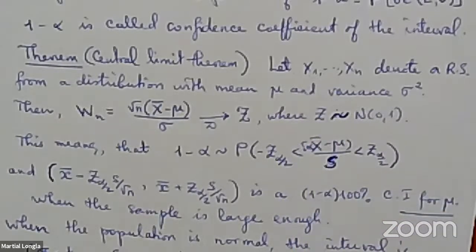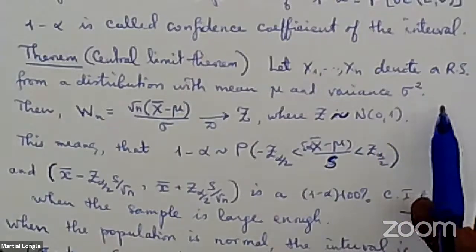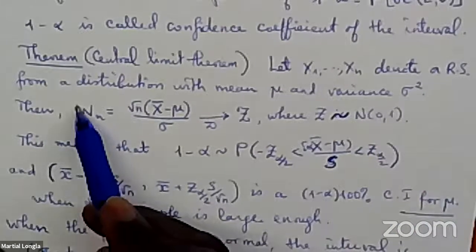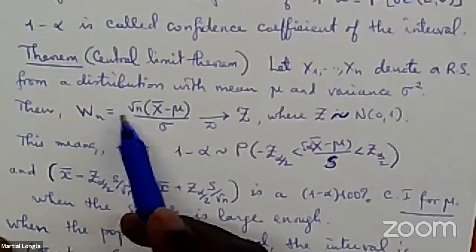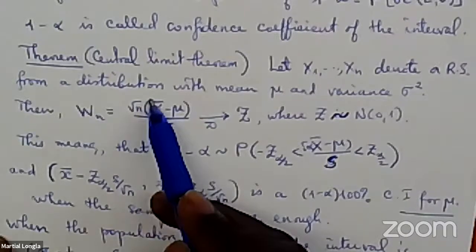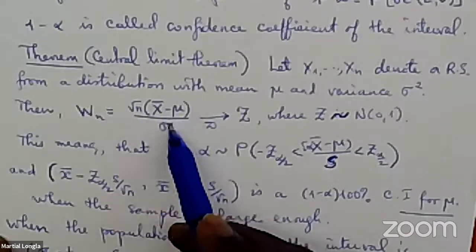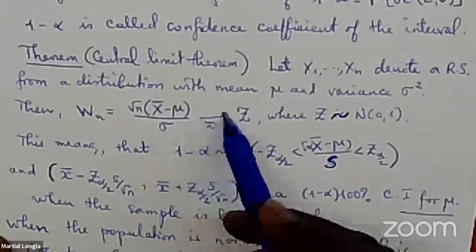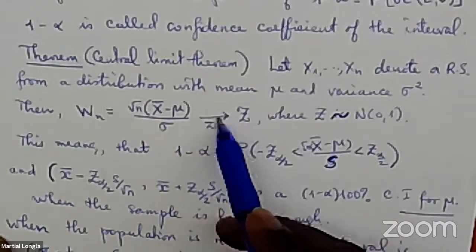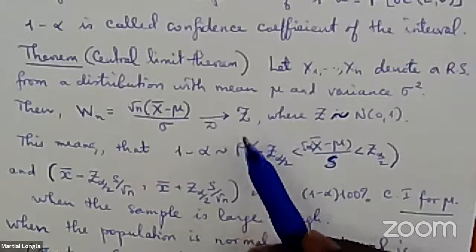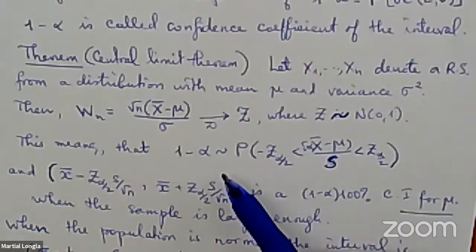What's the distribution? Who cares. As long as that is true, then the variable Wn, defined as square root of n times x bar minus mu over sigma, converges in distribution to z, where z is the standard normal variable.